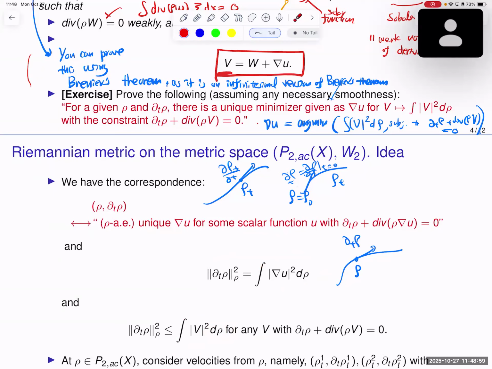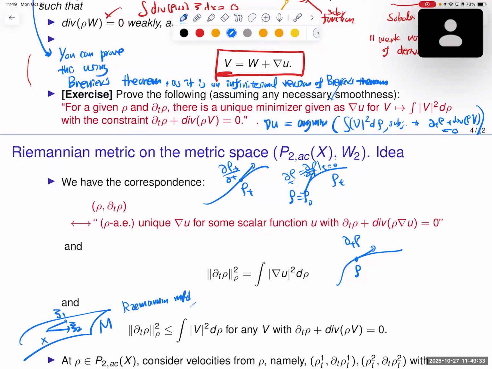But when we consider a Riemannian metric, it is not just about the norm. The Riemannian metric says: given two tangent vectors, you have some Riemannian manifold, let's say M, and at each point, let's say x, you have two different tangent vectors, psi 1 and psi 2.